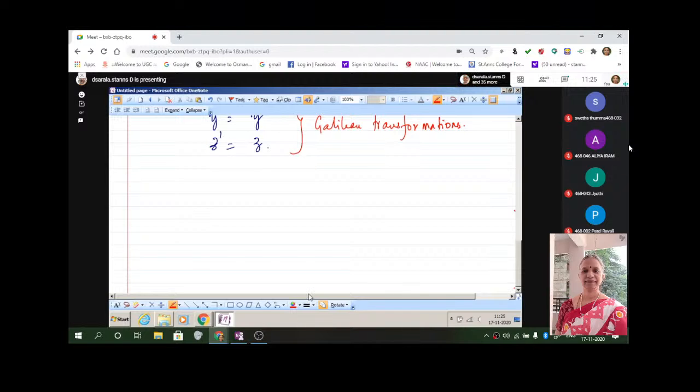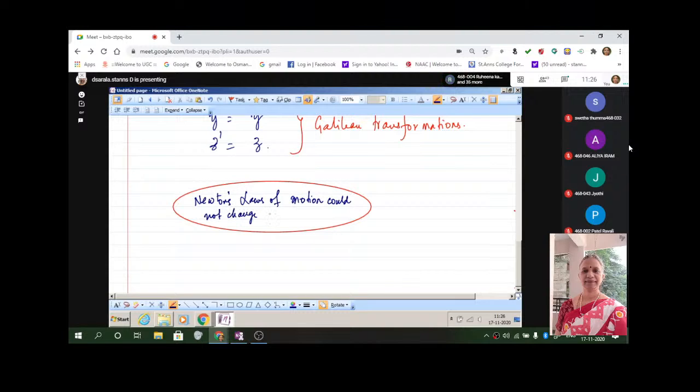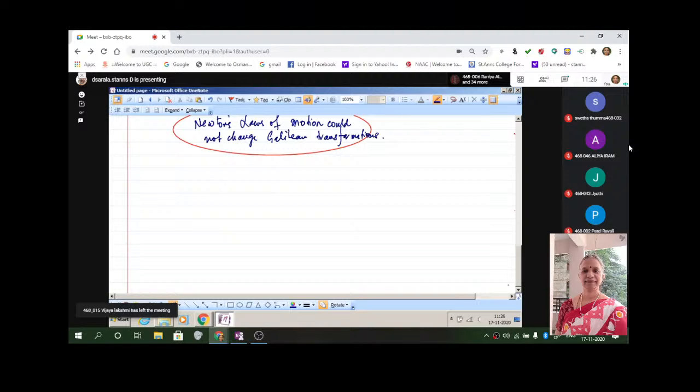What is very important here is that Newton's laws of motion could not change the Galilean transformations.